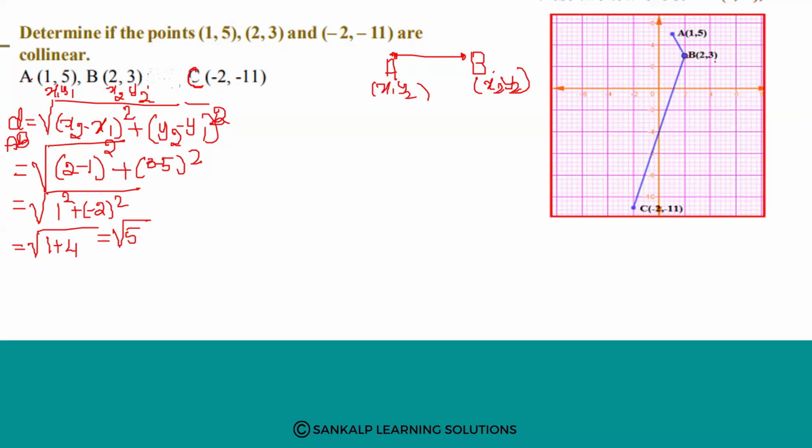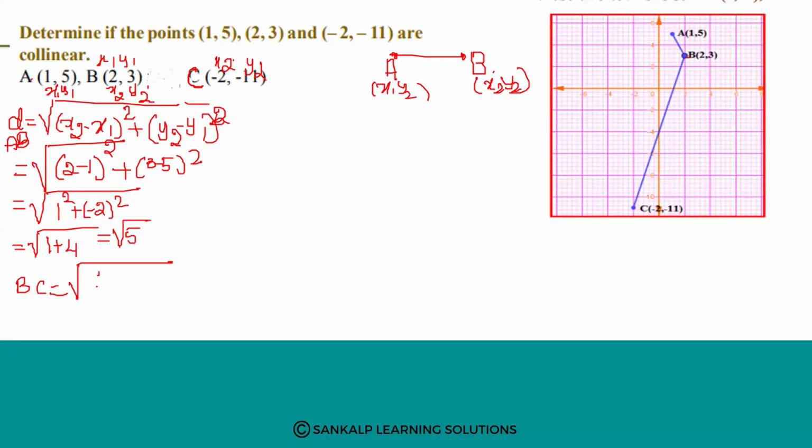Next, find out the distance between BC. Okay, BC. If you consider BC, then this is x1 y1 and this is x2 y2. If you consider B to C, this value is x1 y1 and this is x2 y2. Remember.